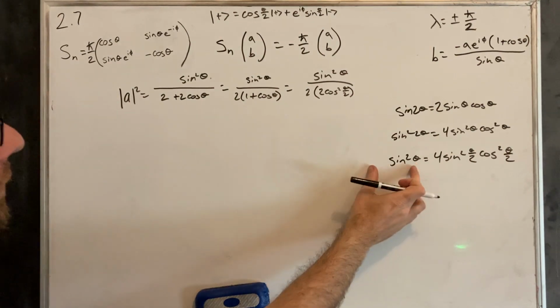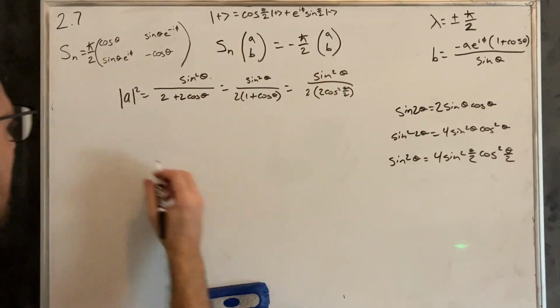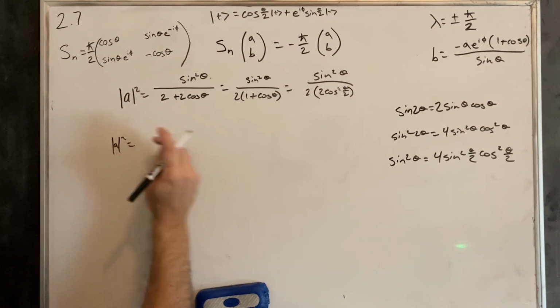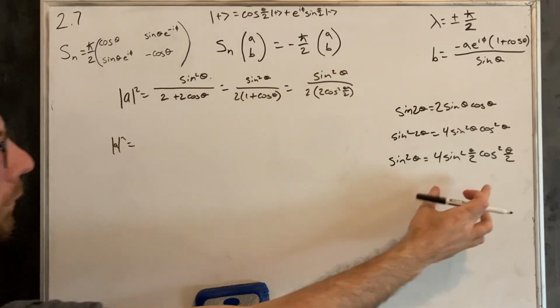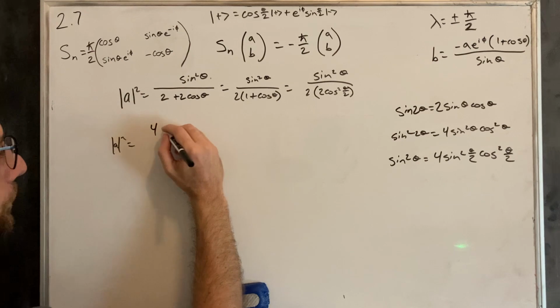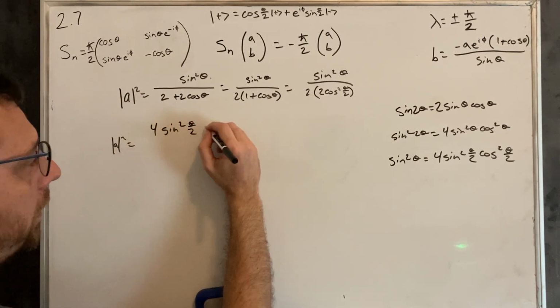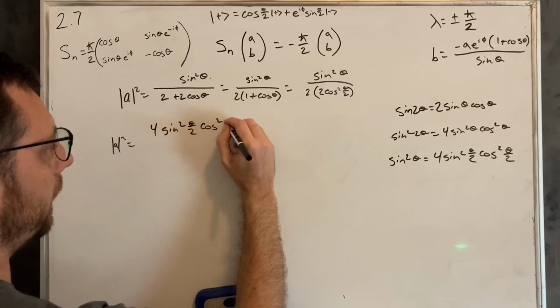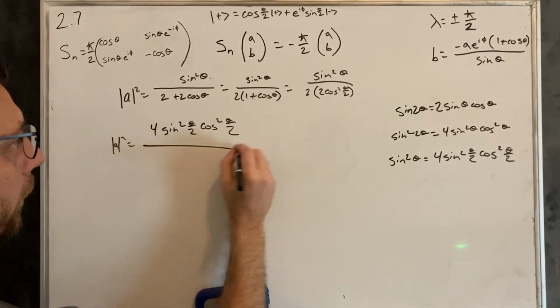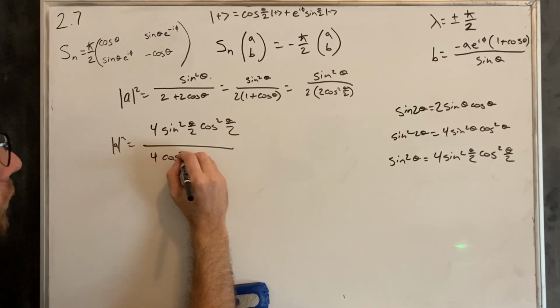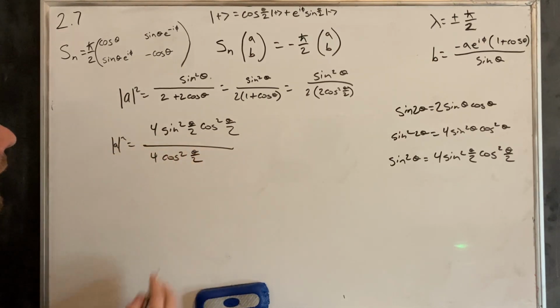Now we have a sine squared theta, and that's what we need. So we'll replace it. We've got a squared is equal to 4 sine squared theta over 2 cosine squared theta over 2, all over 4 cosine squared theta over 2. Now we can start canceling.